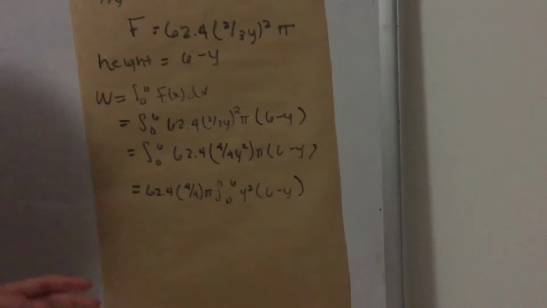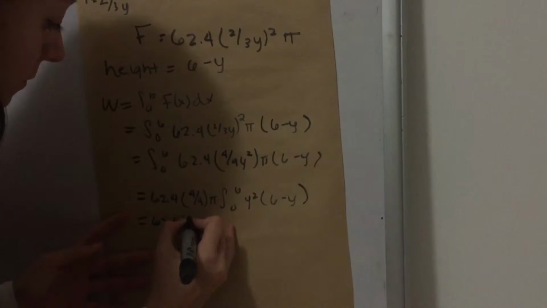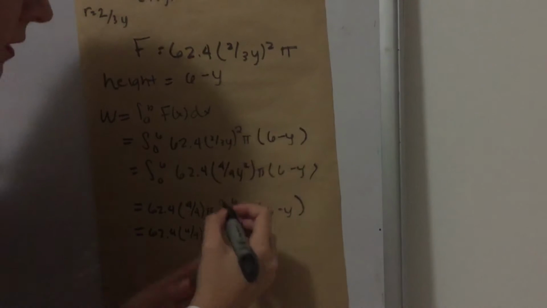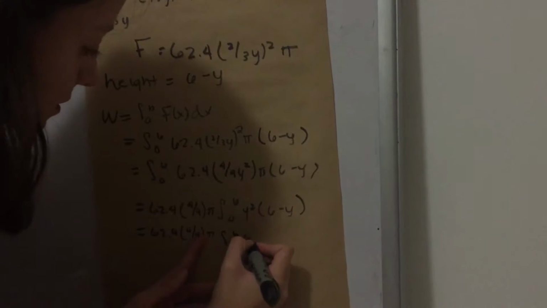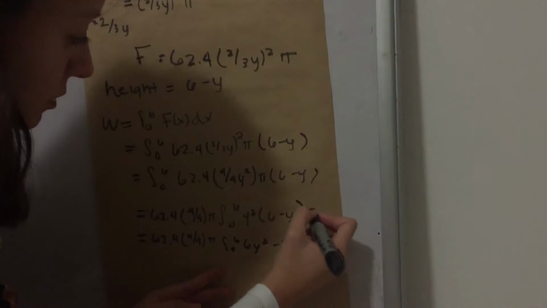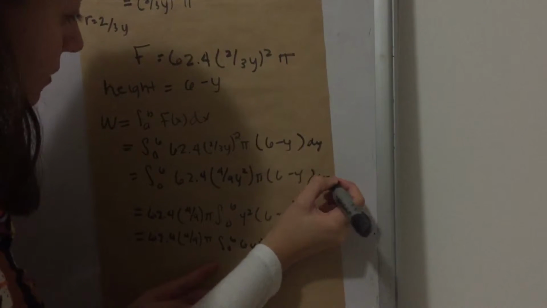And then continue on, equals 62.4 times 4 divided by 9 pi, integral 0 to 6 of 6y squared minus y cubed. Make sure you have the dy, don't forget that.